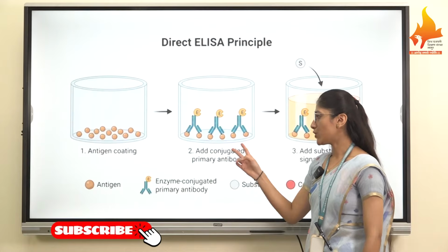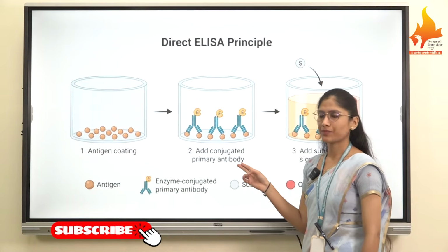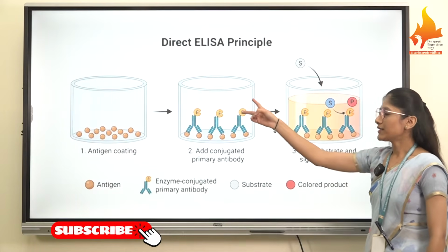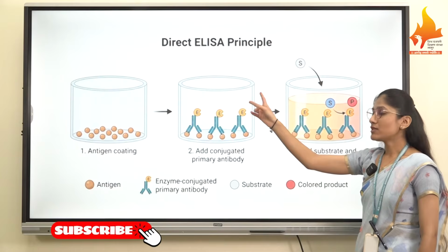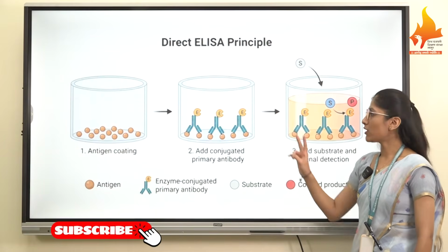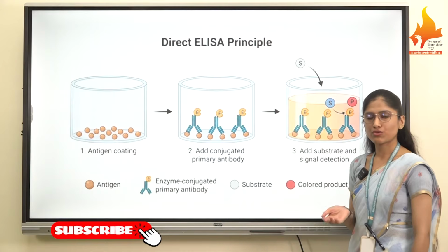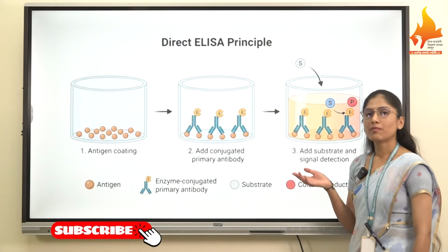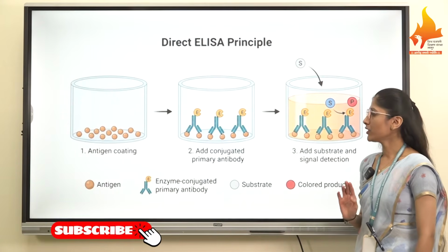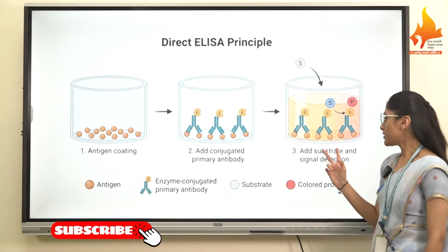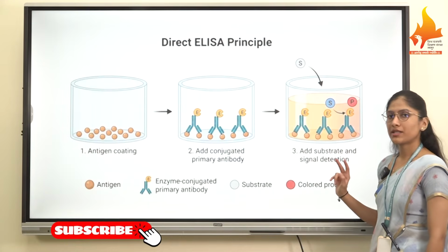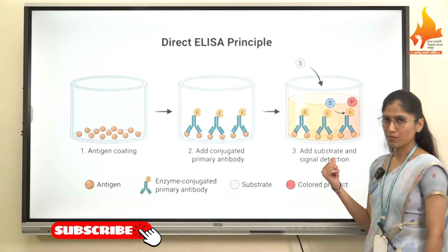So we add the conjugated primary antibody. For this enzyme, horseradish peroxidase, we use the substrate hydrogen peroxide and tetramethylbenzidine. Then we add the substrate and detect the signal using a spectrophotometer.